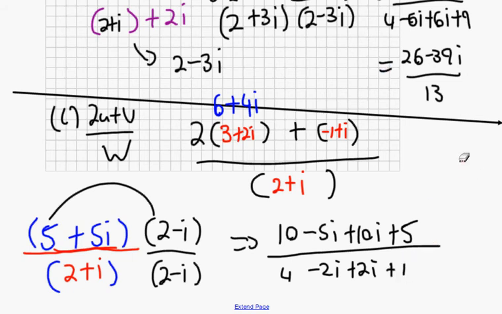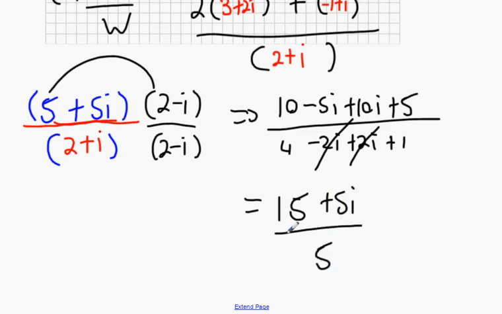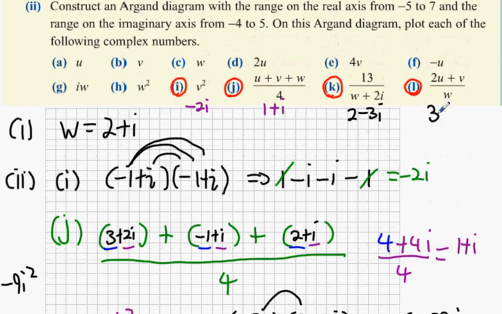Once you've done that, what's next? Cancel. 10 minus 5 is 5. Minus 5i plus 10i is 15. And then 5 divided by 5. 3 plus I.